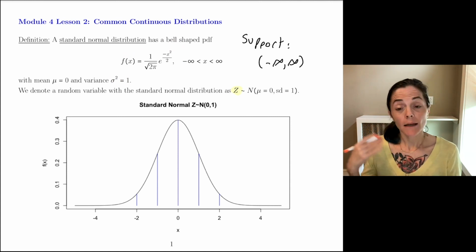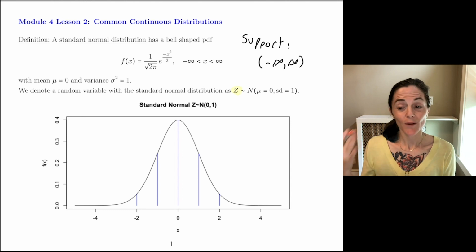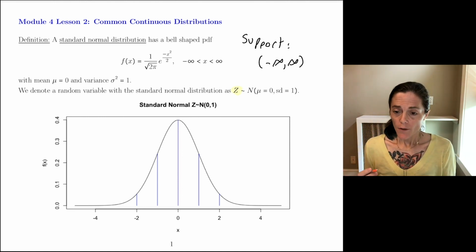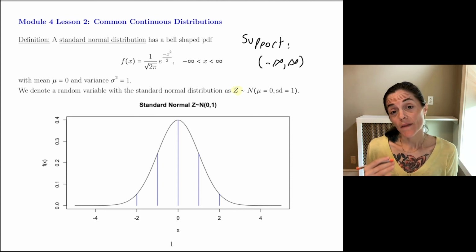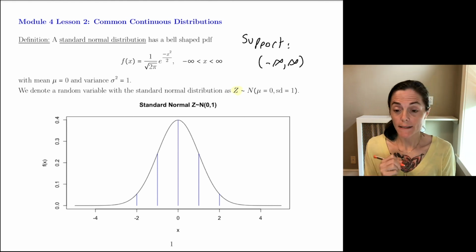Now, the mean is 0 and variance is 1. Equivalently, the standard deviation is 1. Now, there's some beautiful things to point out about this probability density function. Let's do this in orange. You notice, so what have I done here?